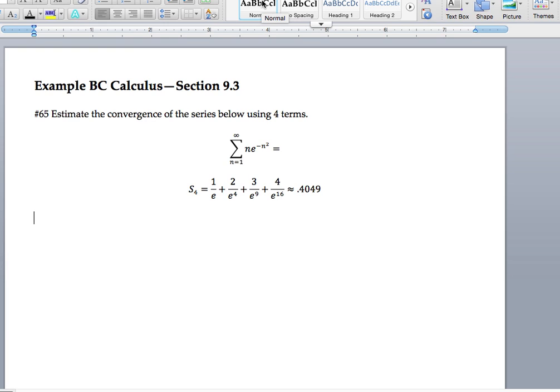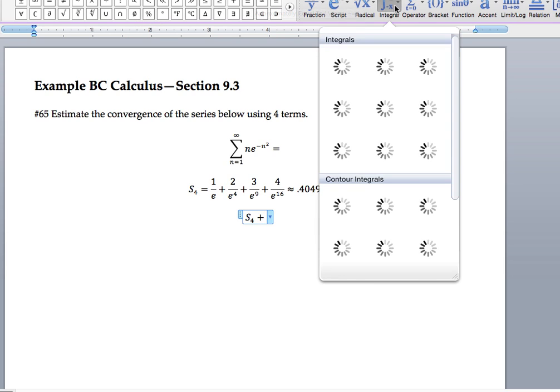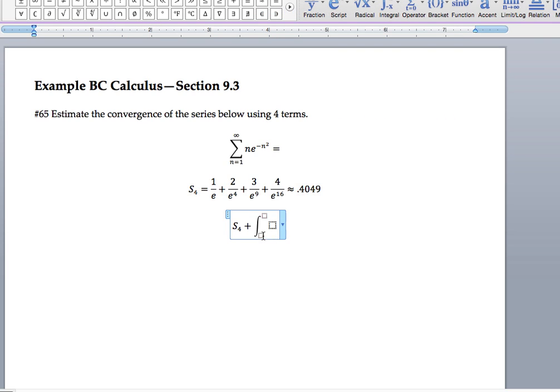Now we need to remember that s is going to be bracketed between that and our 2 integrals. So let's write that out. So s sub 4 plus the integral, you have to bear with me here, the integral from 5 to infinity of the function x e to the negative x squared dx.